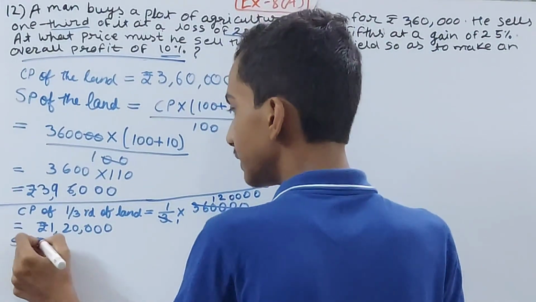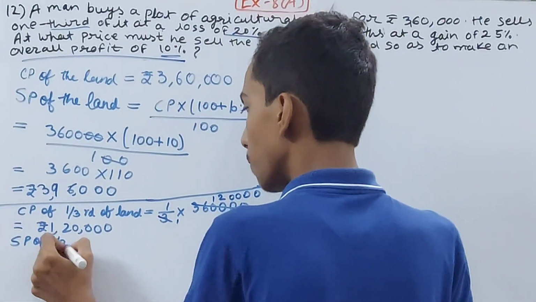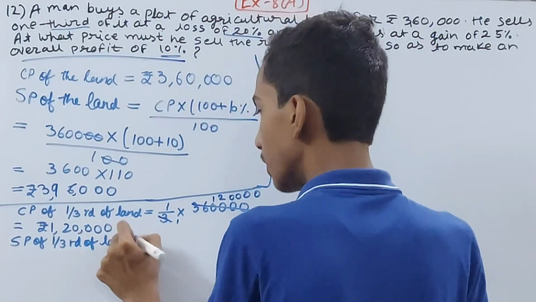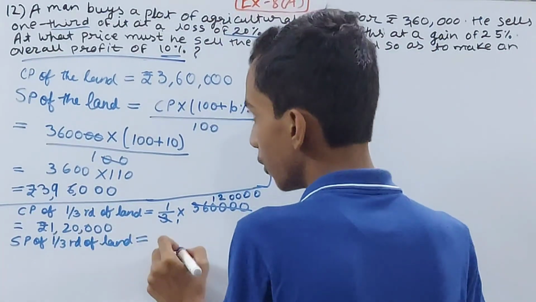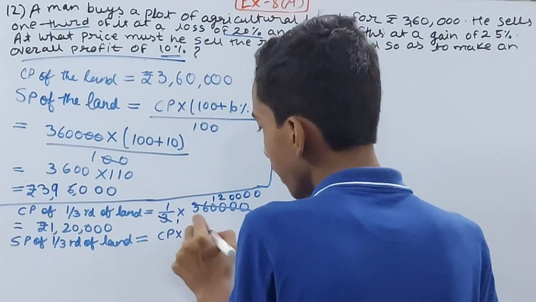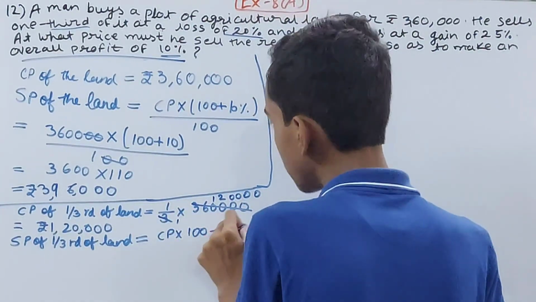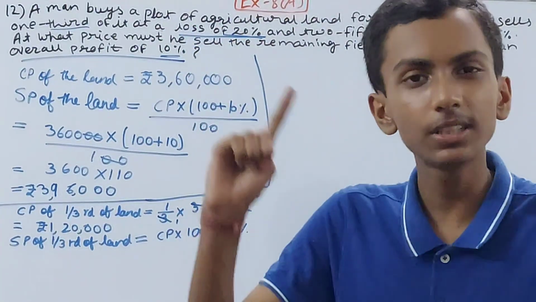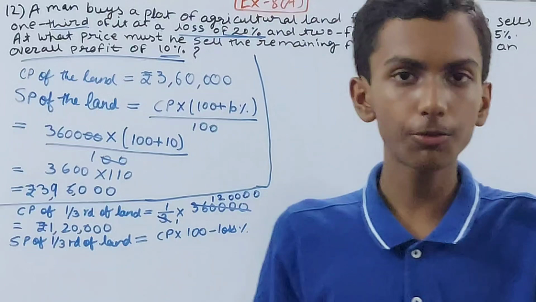So selling price of one third of land, that will be what? Use the formula CP into 100 minus loss percent, because he's selling this at the loss of 20%. He's selling 1/3 of the land at the loss of 20%.